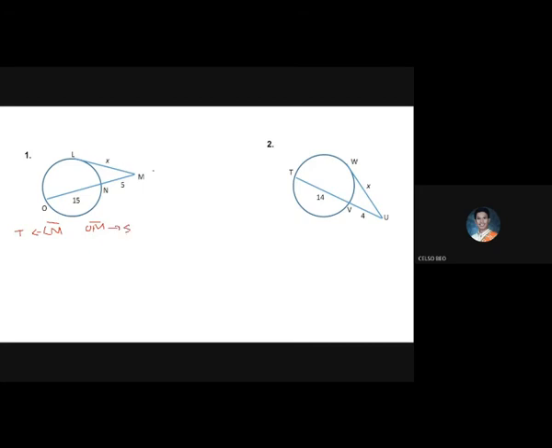Now, let us try to solve for the unknown. Okay. Yung unknown niya, sabi natin, yung square ng iyong tangent line ay equal sa product ng iyong secant line and its external secant. Okay.